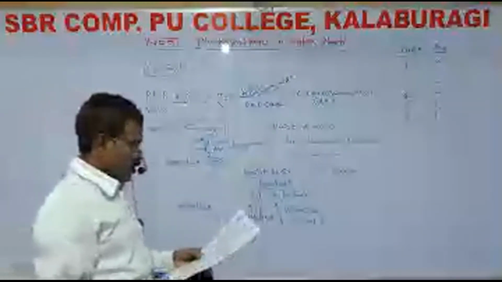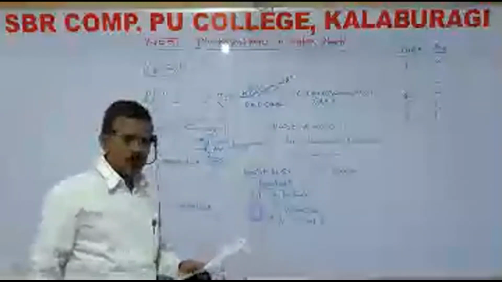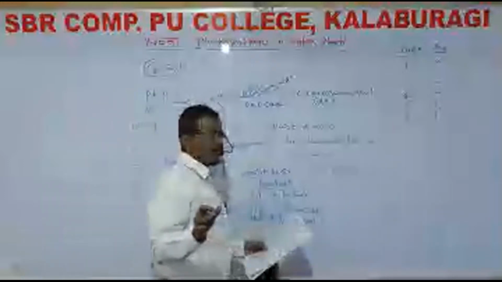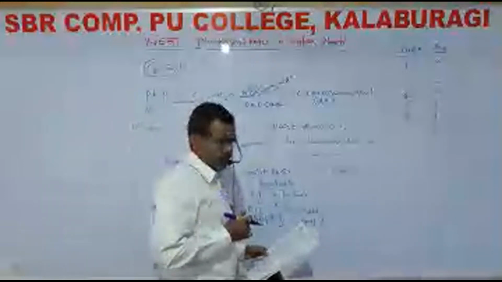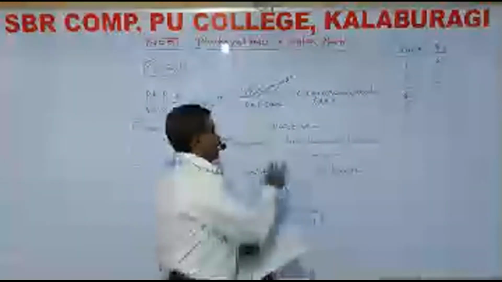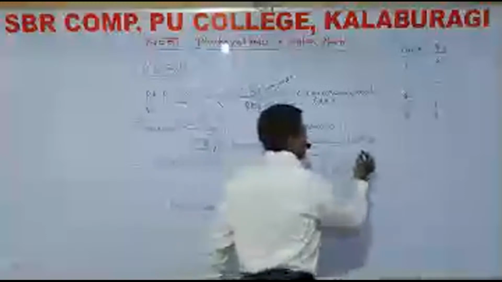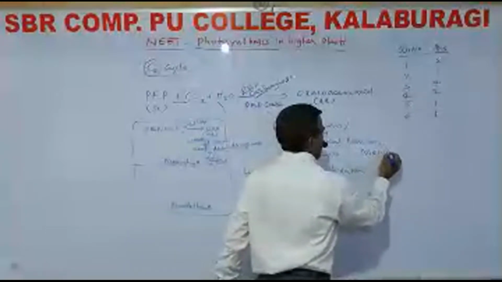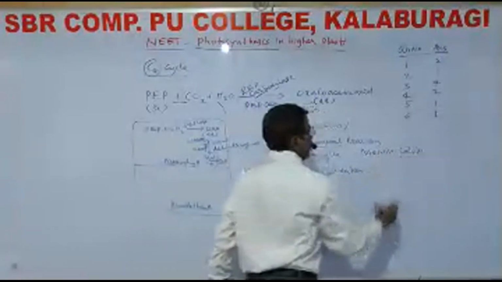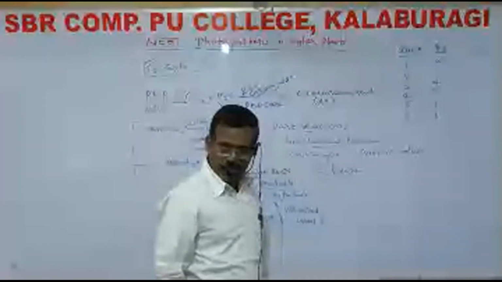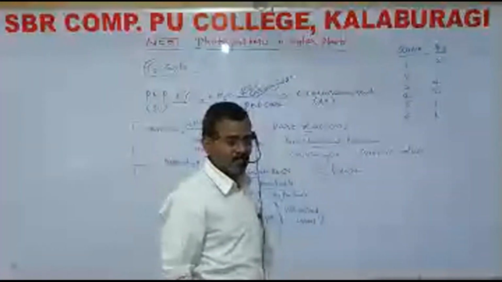Next, the Calvin cycle is also called... See, it is known by different names as I have given. It is a dark reaction, biochemical reaction. Along with Calvin, his co-workers assisted him in this research work.